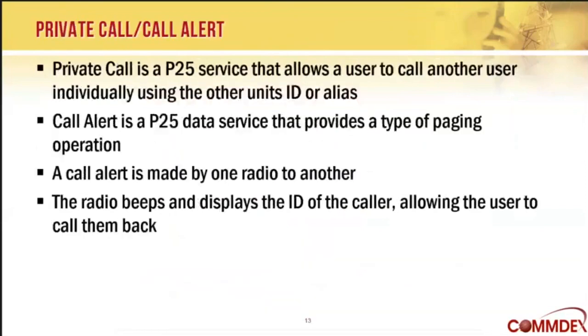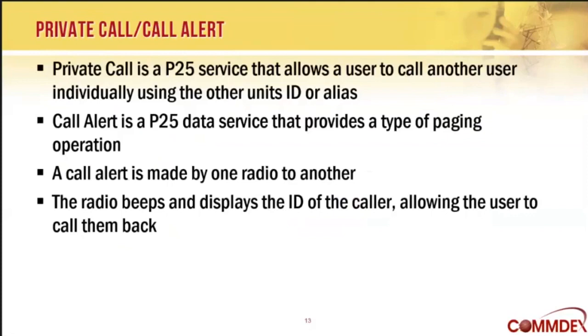Another feature is called private call or call alert. They're slightly different. Private call is a P25 service originally specified by APCO 16, but now incorporated in P25. It allows one user to call another user individually, so it's a one-for-one call. A lot of systems don't like to use it because it uses a lot of resources just for two people in a conversation, but it is available.